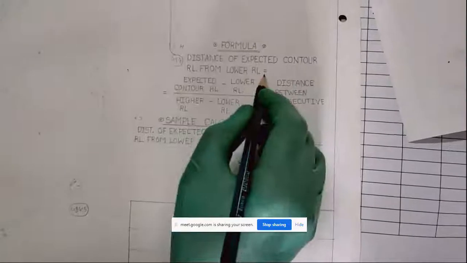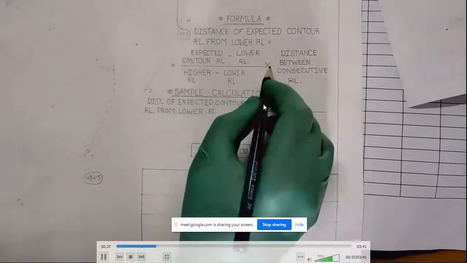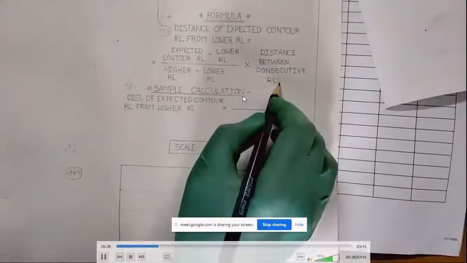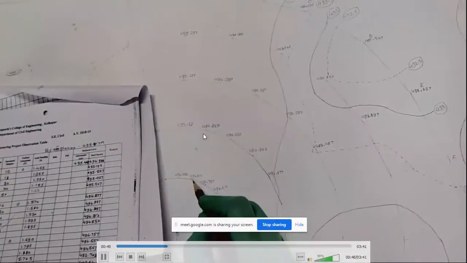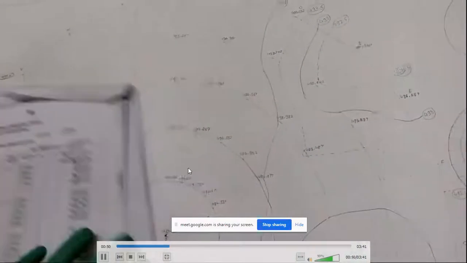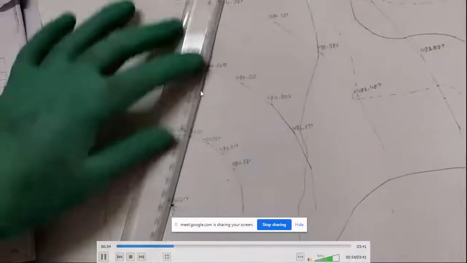That formula is written here for our reference. Sample calculations we are supposed to show on the drawing sheet, and the scale is taken as 1:200. Here you can see it is 5 centimeter total distance between the 2 points.